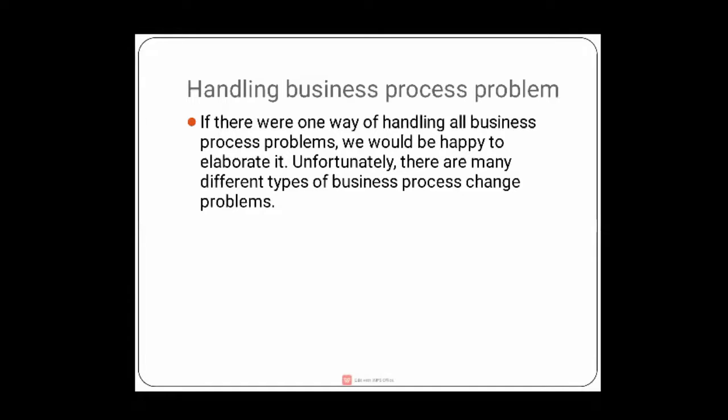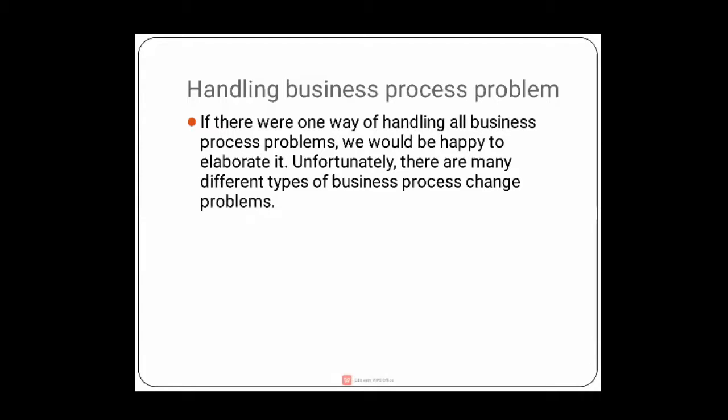So in handling business process problems in this kind of situation, they say if there were one way of handling all business process problems, we would be happy to elaborate on it, right? Unfortunately, there are many different types of business process change problems.